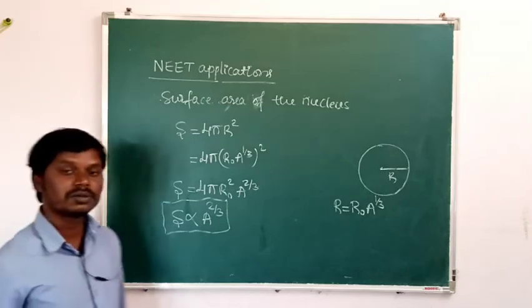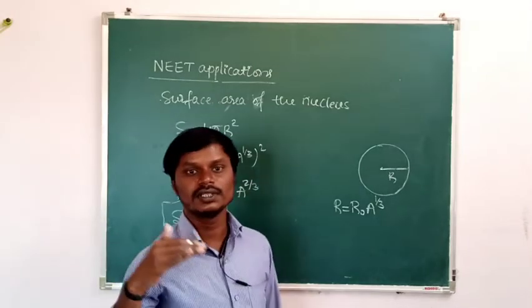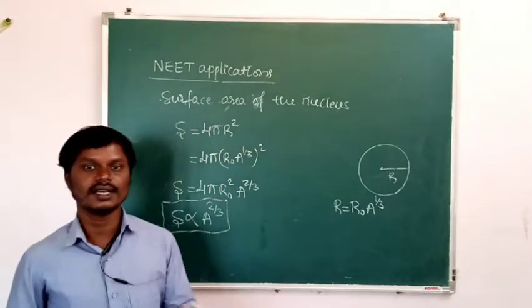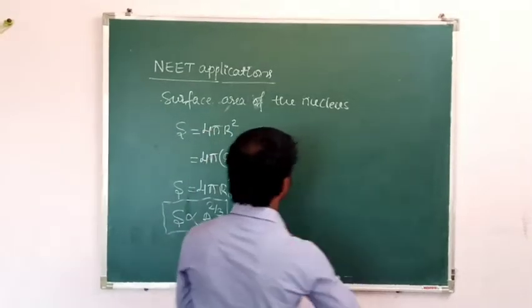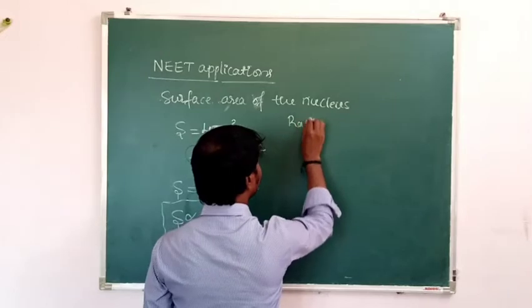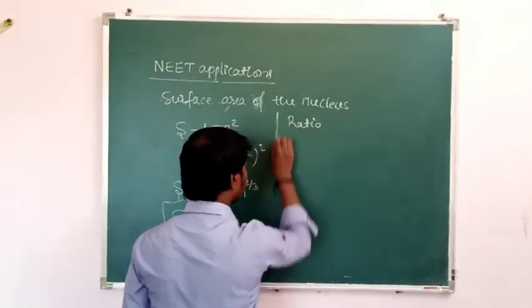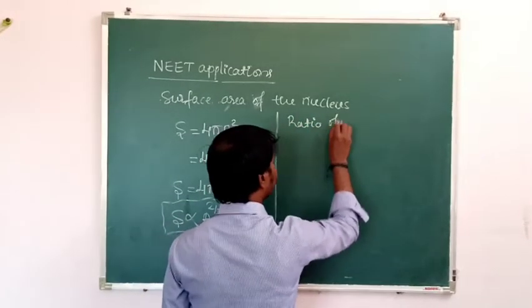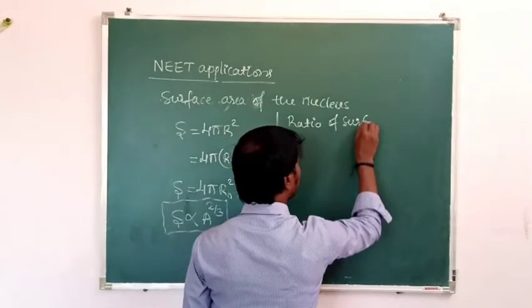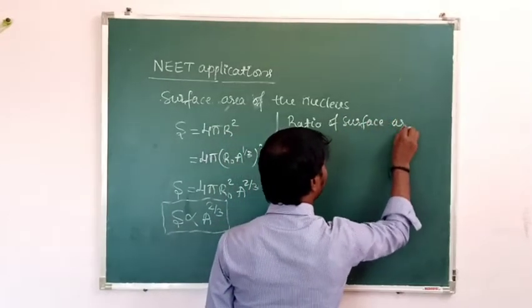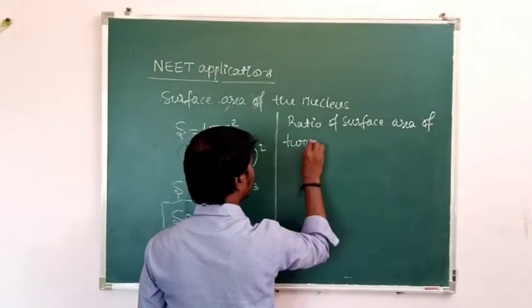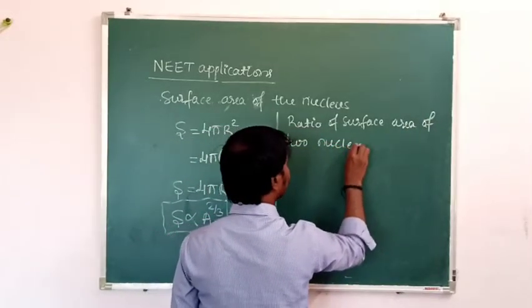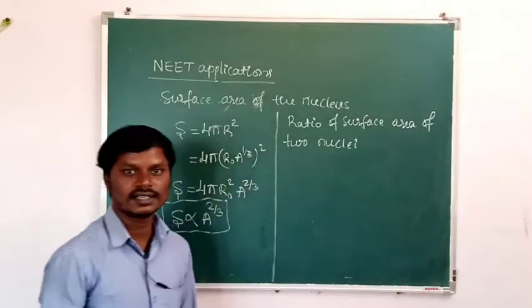Then how to find the ratio of surface area of two nuclei having the mass numbers A1 and A2?